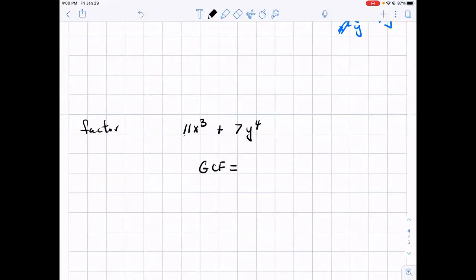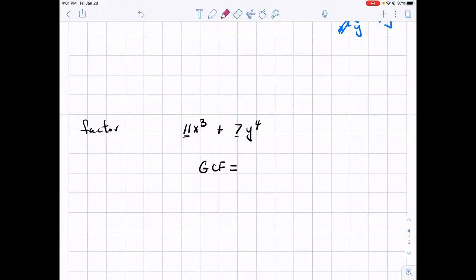Well, what number goes into 11 and 7? If you notice, these are both prime numbers. So there's no number other than 1 and itself that will go into 11 and 7. 11 is prime, only divisible by 1 and itself. 7 is also prime. So in terms of the number, there is no number.